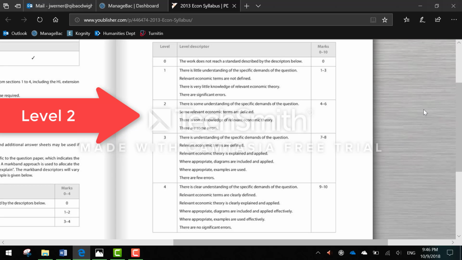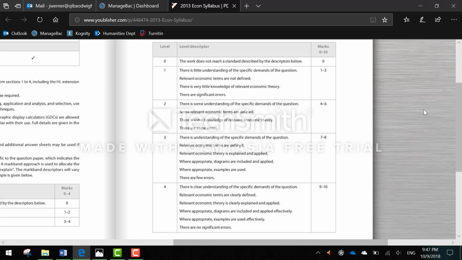Now you'll notice also missing in level 2 are diagrams and examples. However, just having a basic diagram or an attempt at an example doesn't mean you'll move from a level 2 to a level 3 response. If diagrams are incorrect and examples are not specific or appropriate, we could still be stuck in level 2.